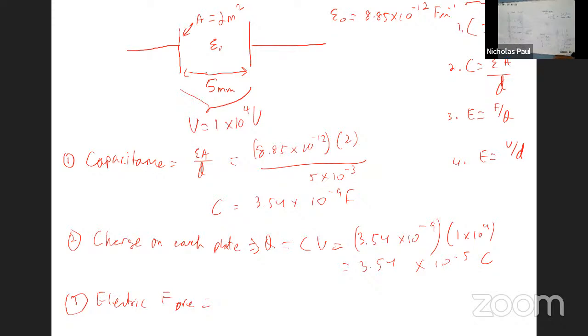Which formulas are we using here, Bradley?